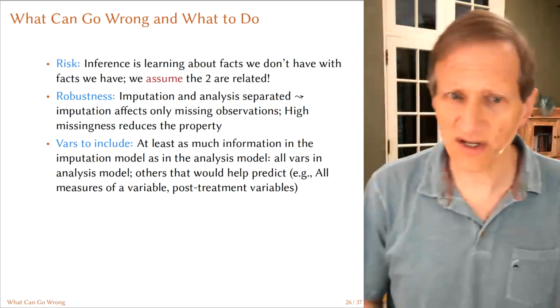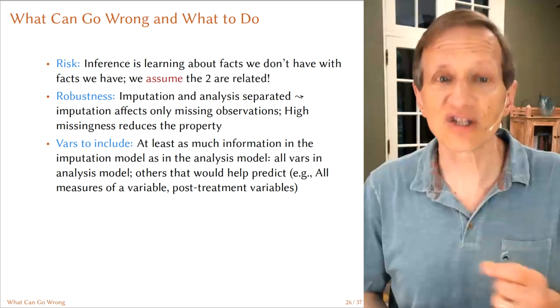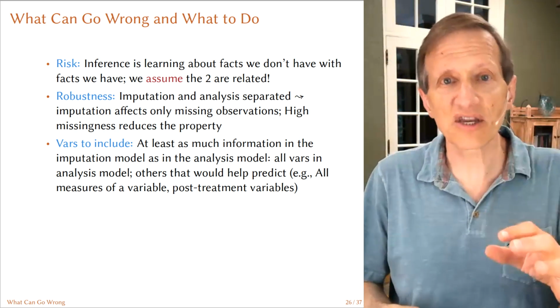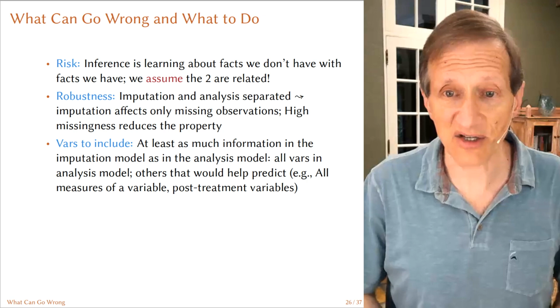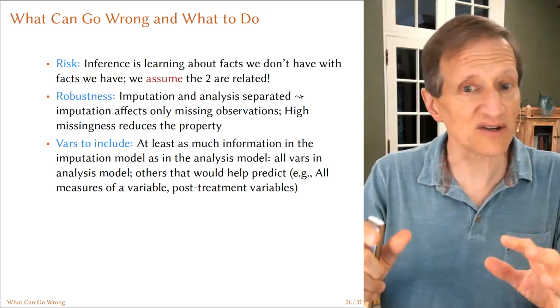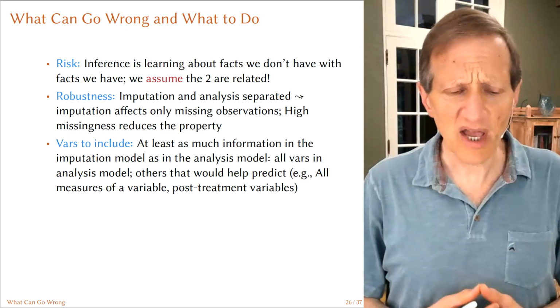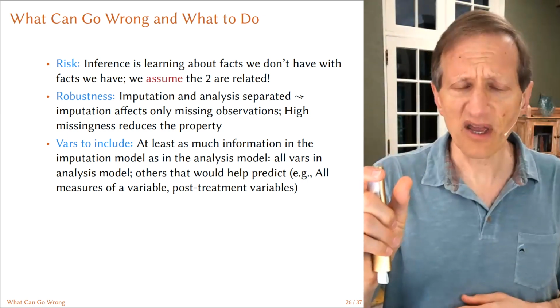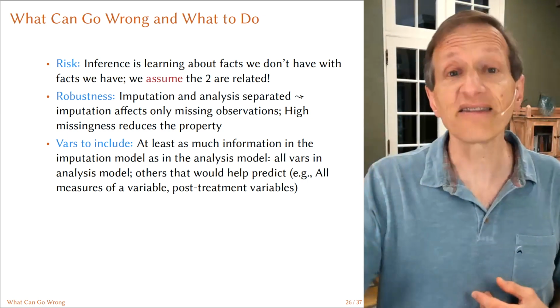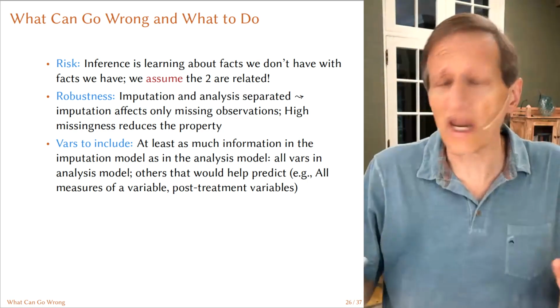It's pretty important that you put in at least as much information in the imputation model as exists in the analysis model. You can put more information, but don't put less. For example, suppose you have one variable that you have in the analysis model, but not the imputation model. What happens?